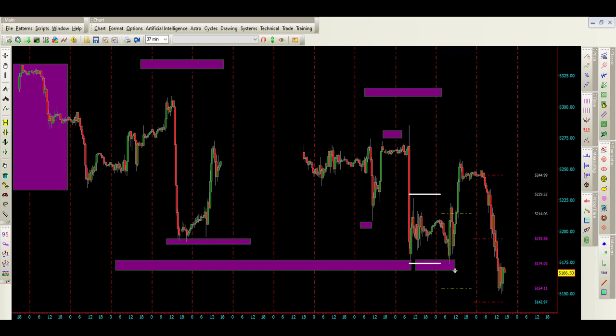Now we have overlapping things going on here, and there it is. Now we're going to proceed further. This is the initiative bar.